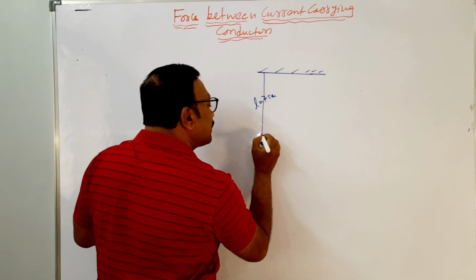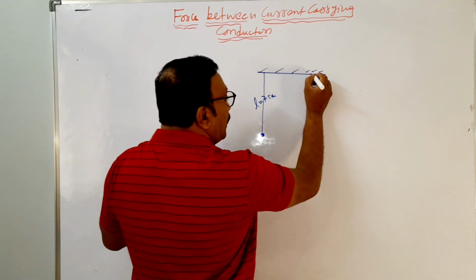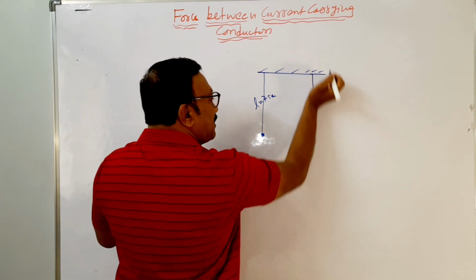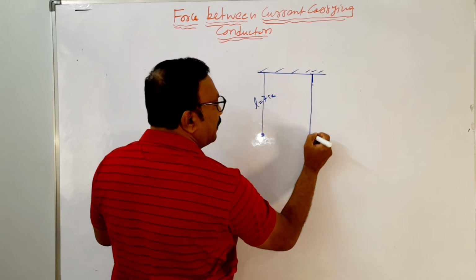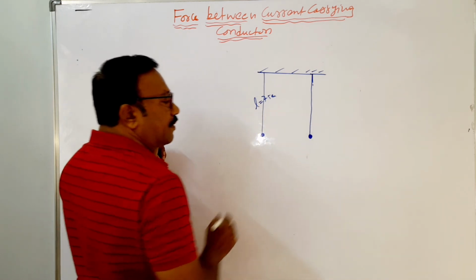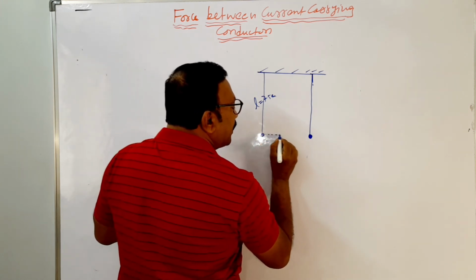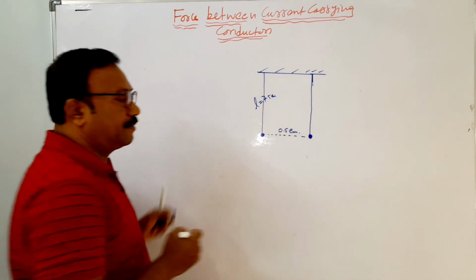A conductor is hanged here. Another string of the same length is present here, and another conductor is hanged here. These two are initially separated by 0.5 centimeters.